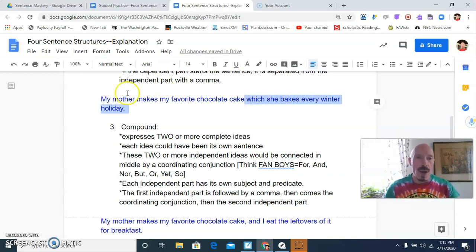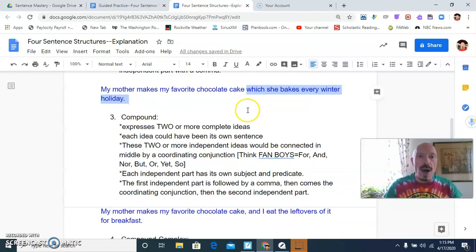Okay, so notice my mother is the subject of the independent clause, makes is the verb of the independent clause, and after this subordinating conjunction, there's a new subject, she, and there's another verb, bakes. So there's two subjects, two verbs. But one part is all independent. One part needs the other part to be complete.